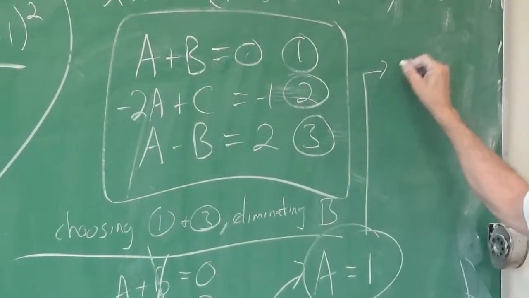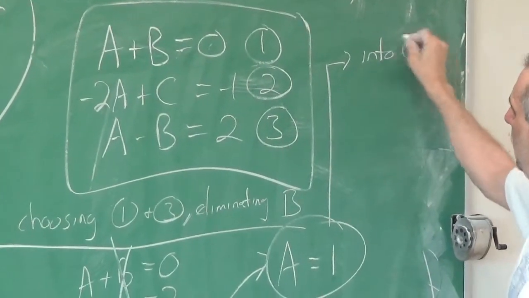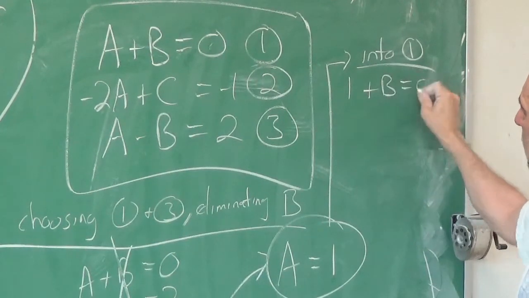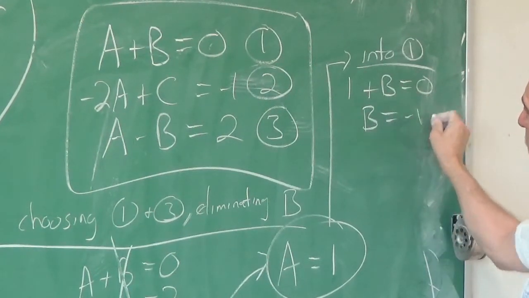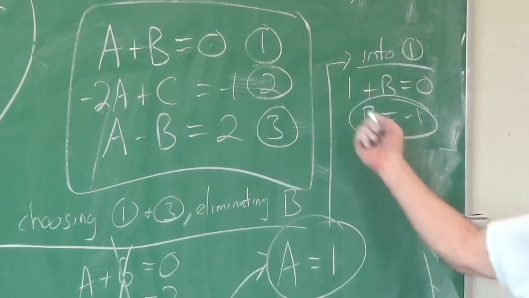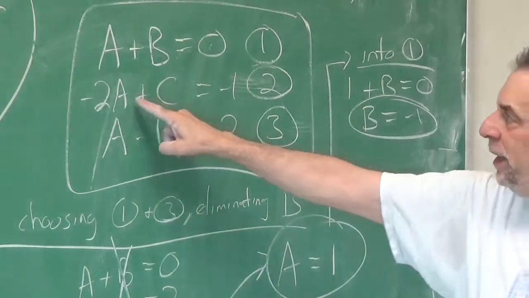We'll come up here, put into equation 1 and get 1 plus b equals 0, which now gives us our b value. And once we know a and b, we don't even need both to find c, all we need is a.